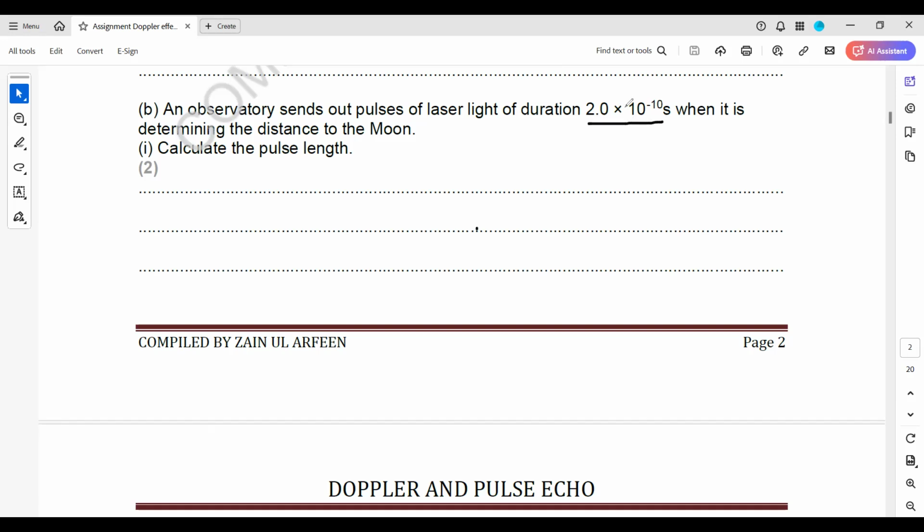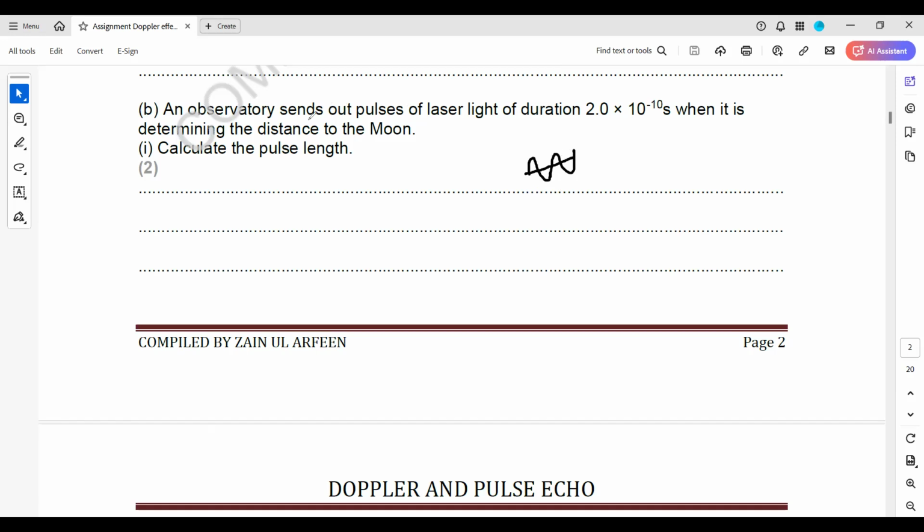This is when we need the pulse length, the length of the signal. For what distance does this wave extend? That is called the pulse length. There's a difference between the pulse length and the distance here. Pulse length means the length of the pulse. For example, when I send a signal, what is the length of the signal? That is called the pulse length.